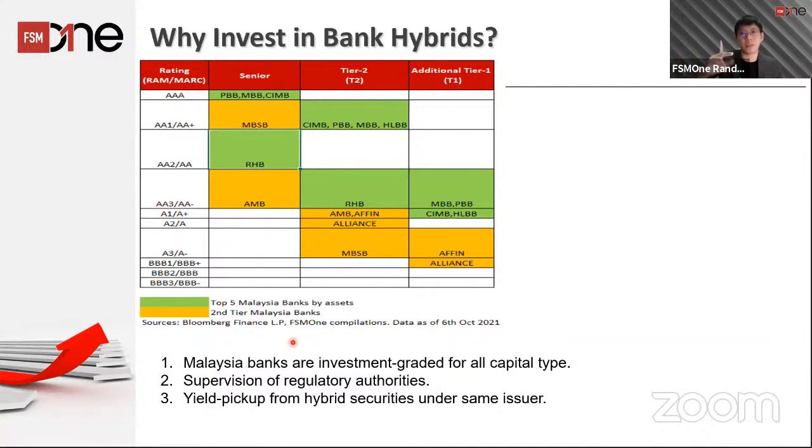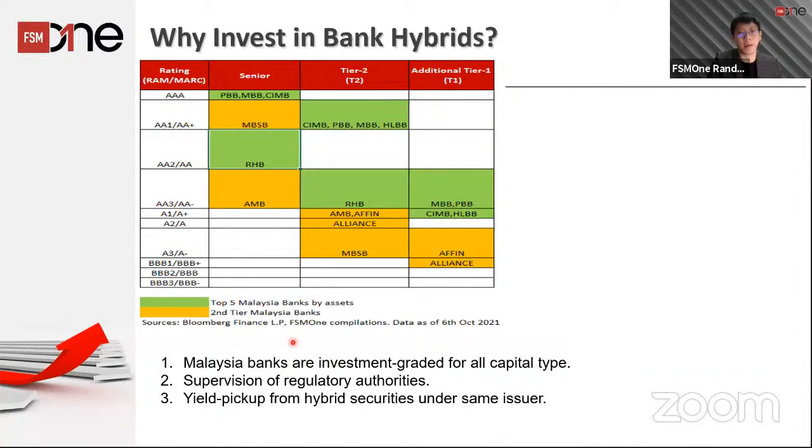So it actually gives around 3 times buffer to cushion the event from happening. This is why I would say it can be a good investment opportunity to invest in some of the bank hybrid bonds.